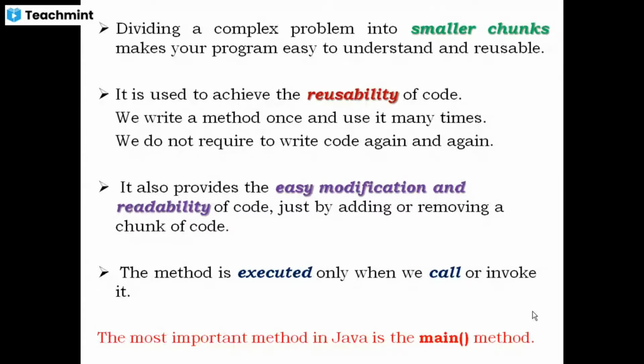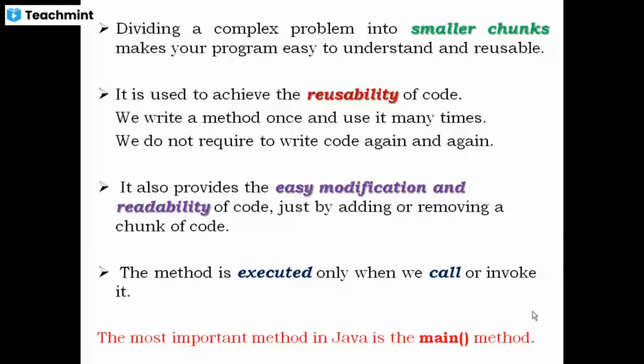Number three, it also provides easy modification and readability of code just by adding or removing a chunk of code. If we require any modification in our method, we can easily access that method directly, modify it, and use it again.